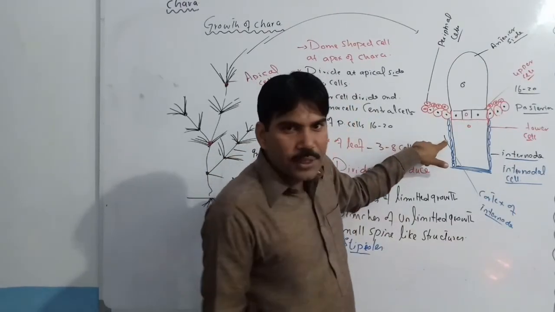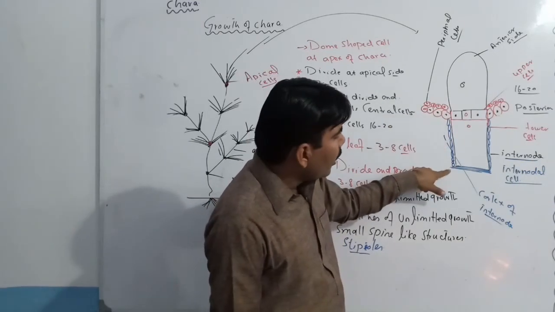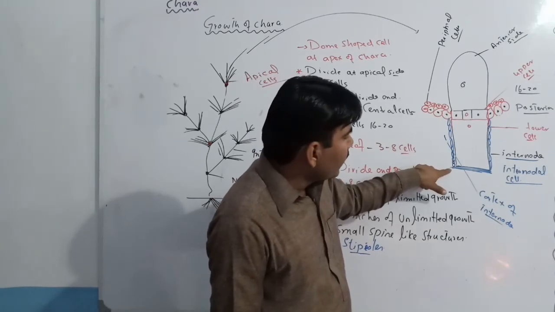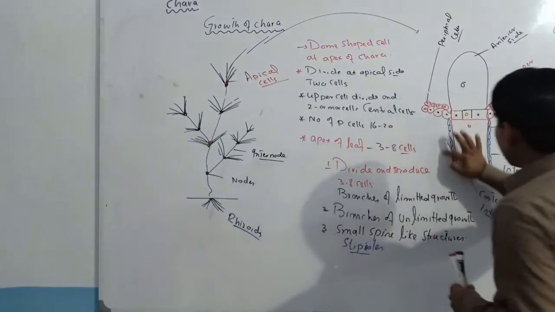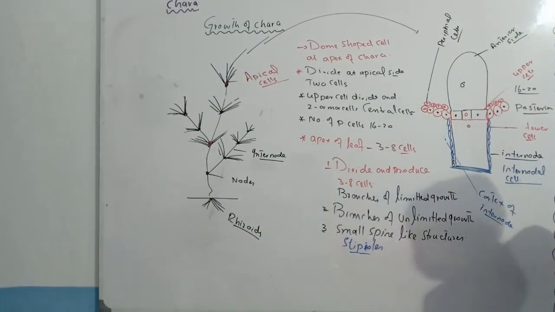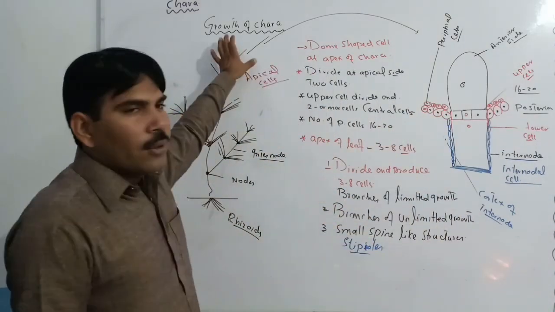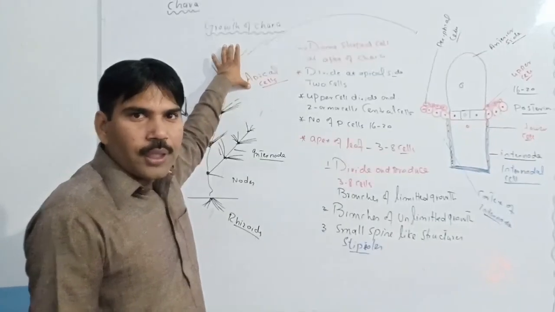Half of the cortex is formed from the cells of the upper node, and half of the cortex is formed from the cells of the lower node. So in this way, this cortical layer is formed around the internode. So it was about the growth of the chara cells, or the growth of the plant body of a chara.